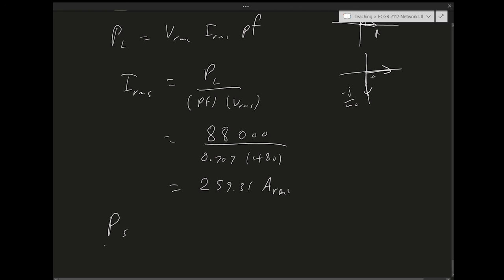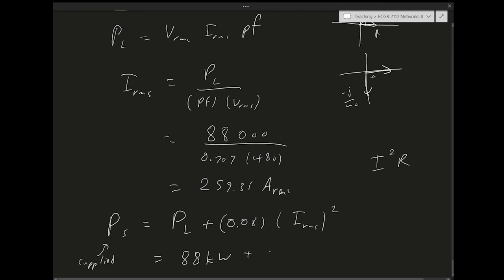So P supply is just equal to PL plus the power lost in the transmission line, which is just I squared R, right? That's it. So it's going to be 88 kilowatts plus 0.08 times I RMS squared. We calculated I RMS already, it's 259.31 squared.